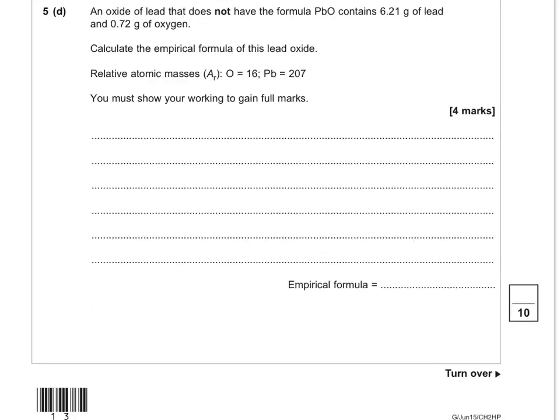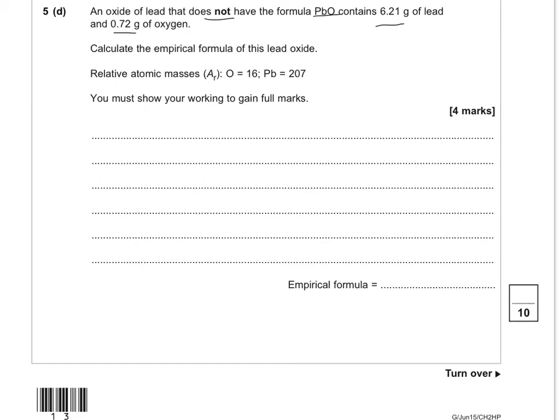Question 5d. An oxide of lead that does not have the formula PbO contains 6.21 grams of lead and 0.72 grams of oxygen. Calculate the empirical formula of this lead oxide. The relative atomic masses, Ar, of oxygen is 16 and lead is 207.